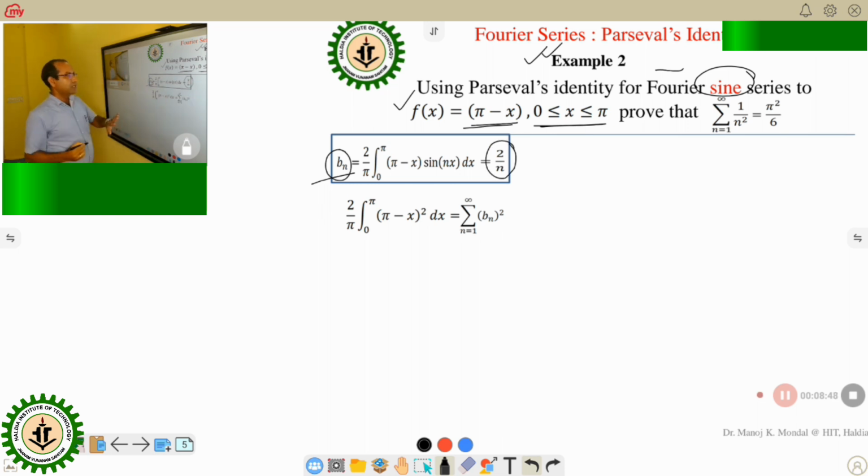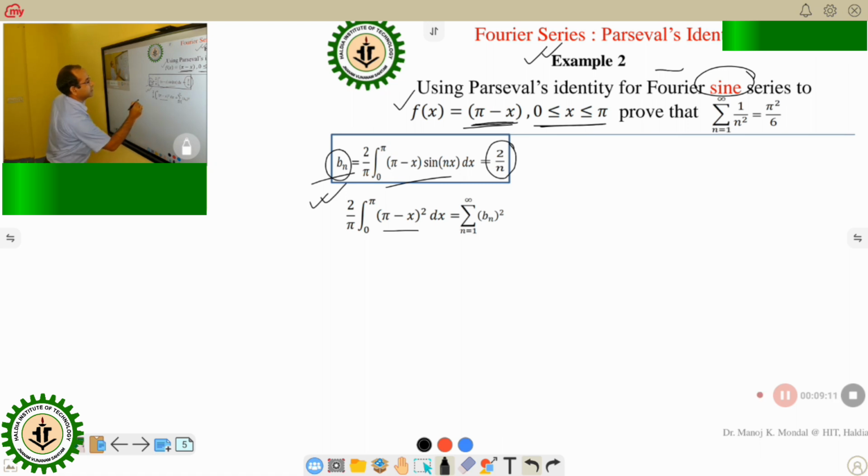What we actually calculated in our previous class also. How to find this one? Just find the value of the integration of this one, and you can get the result. Now this is the Parseval's identity for the Fourier sine series. So now put here Parseval's identity, 2 by pi, 0 to pi, function whole square, and on the right hand side bn square.